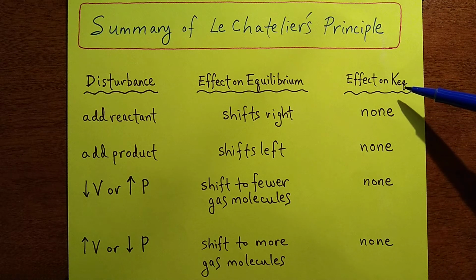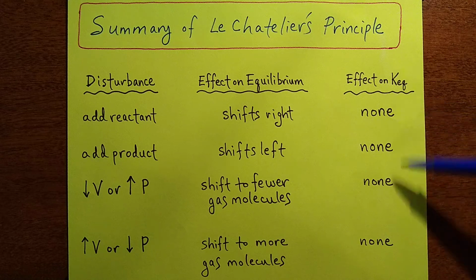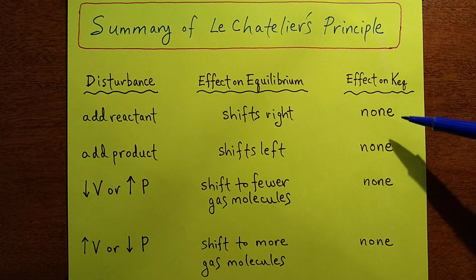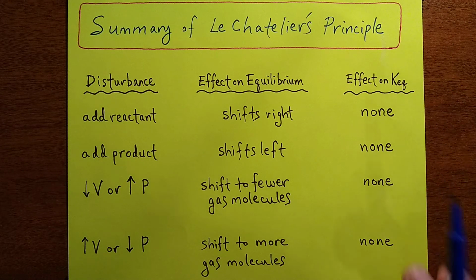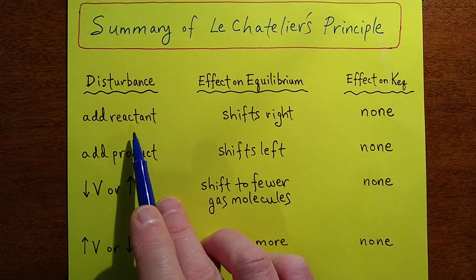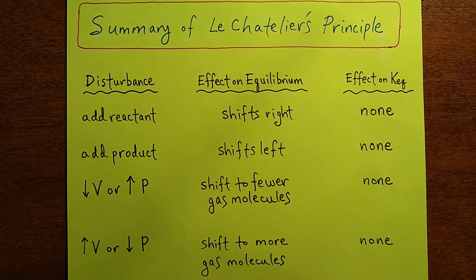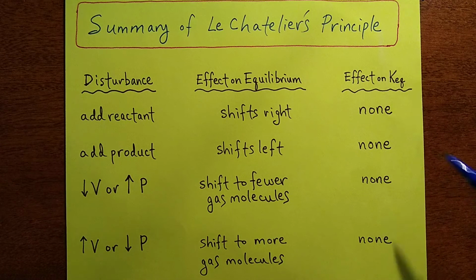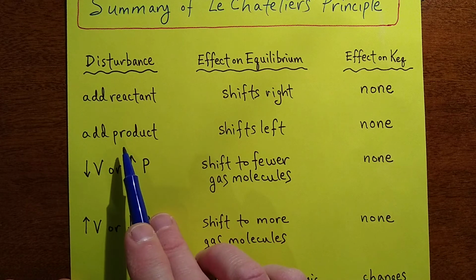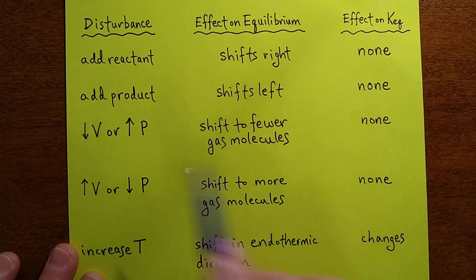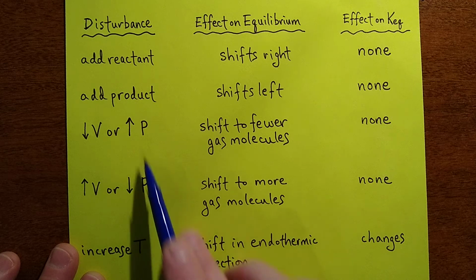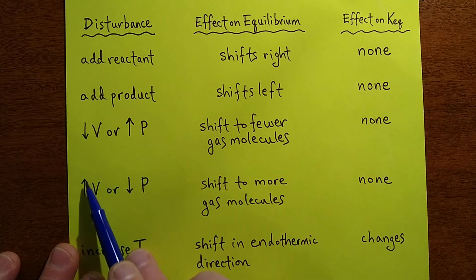It doesn't change the position after it's reestablished equilibrium, so K doesn't change. These stresses cause a temporary shift in equilibrium, and then a new equilibrium is established, but the equilibrium constant itself is not affected when you add in products or reactants, or if you change the pressure by either decreasing volume or increasing volume.